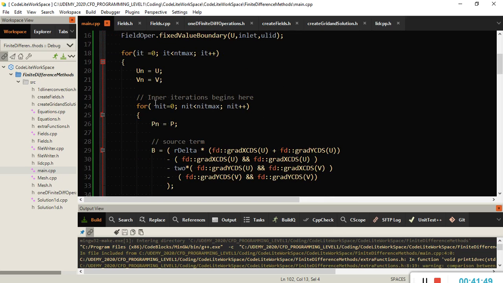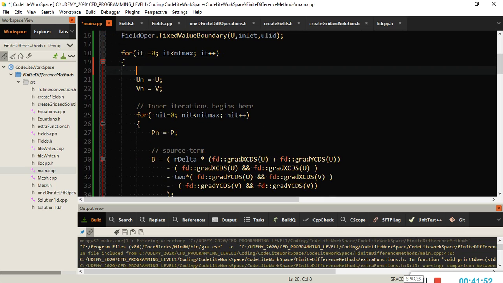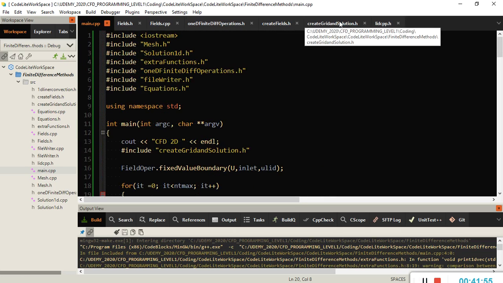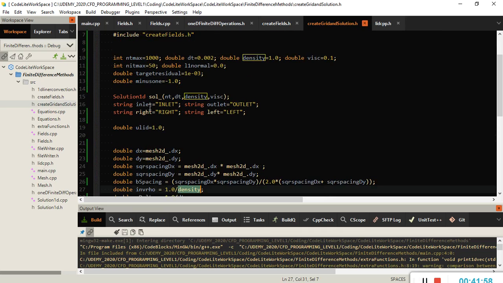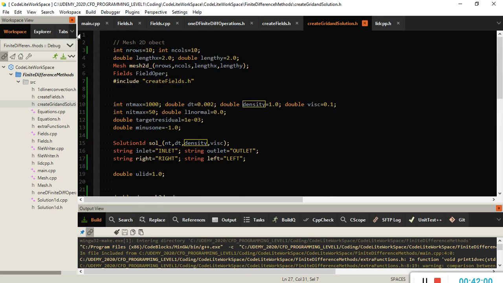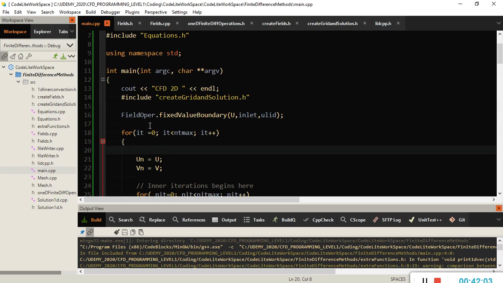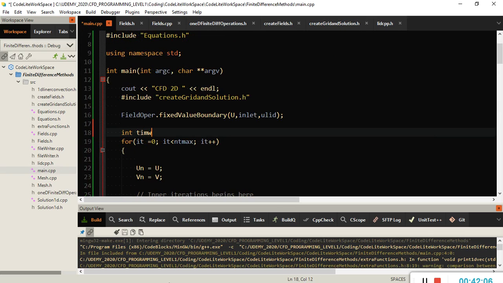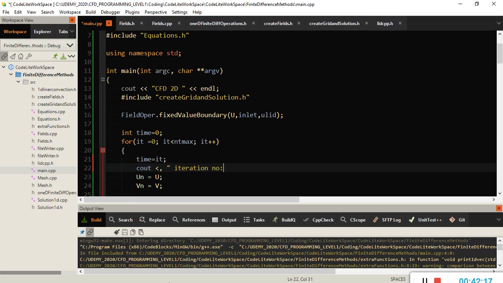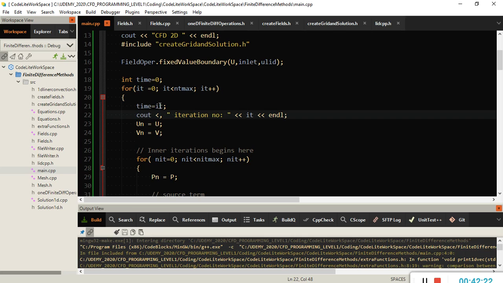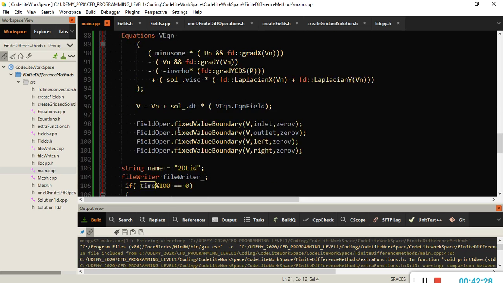So in the for loop, because we created an integer called time, I hope that we did, we actually haven't, so let's create another integer saying time equal to 0, and then let's say that time will be equal to iterations, and let's also print out the iteration number, it, and then end the line there. And now time is being updated and we can pass this time.